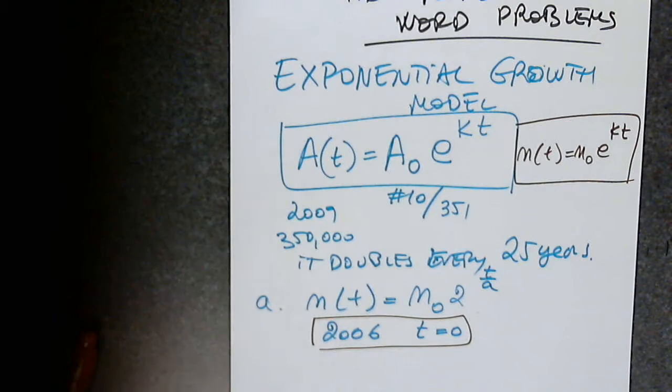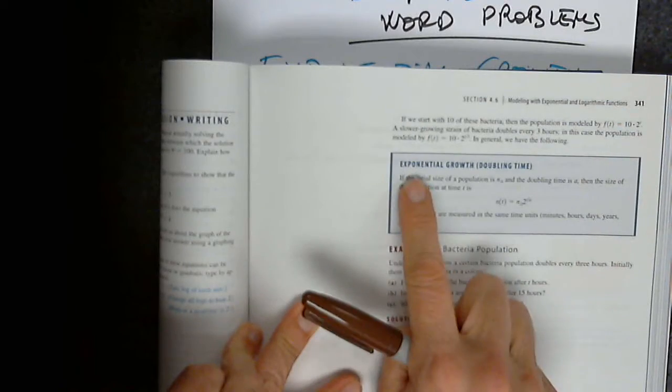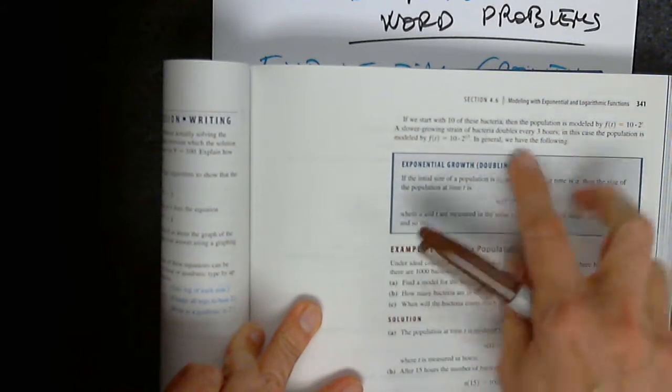So what does this little a represent? I want to draw your attention to page 341 in your text, at the top of the page: the exponential growth doubling time. We rarely use this, but since it's in the problem, I have to show it to you.